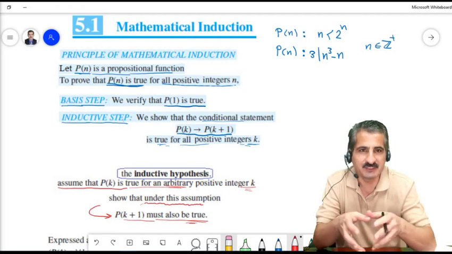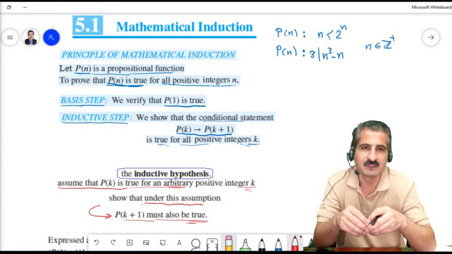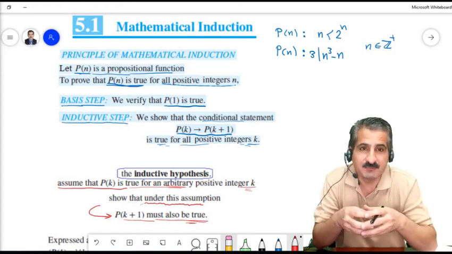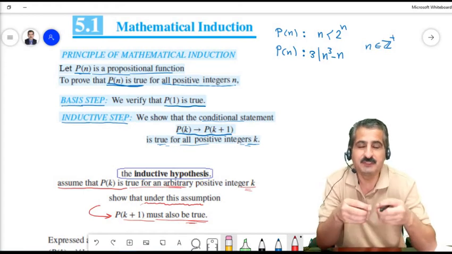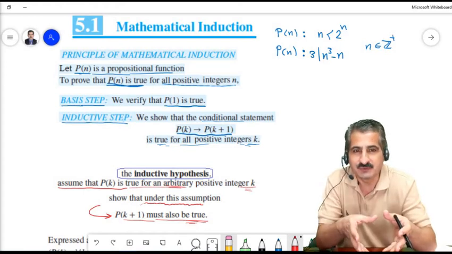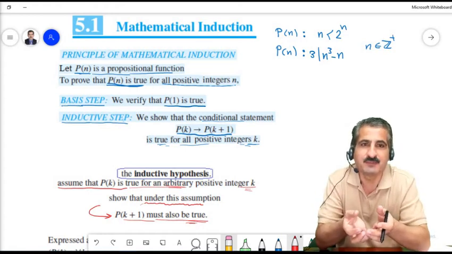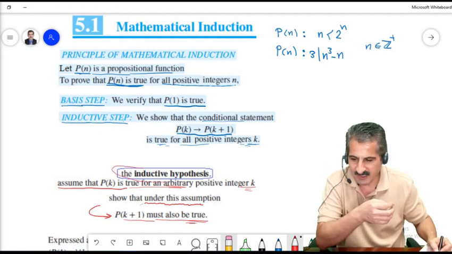I will be repeating that again and again. So under the assumption that P(k) is true, we get P(k+1) is true. Now this whole thing is called the inductive hypothesis.